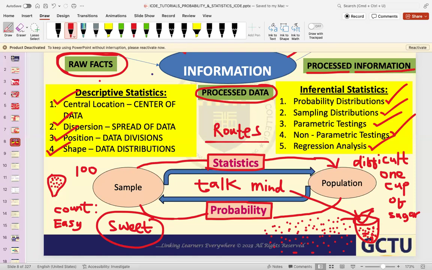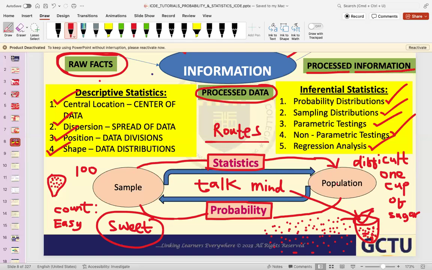All that your mind will tell you is that once the sample you took is sweet, the whole thing is the same. That is the way we use samples to talk about population.